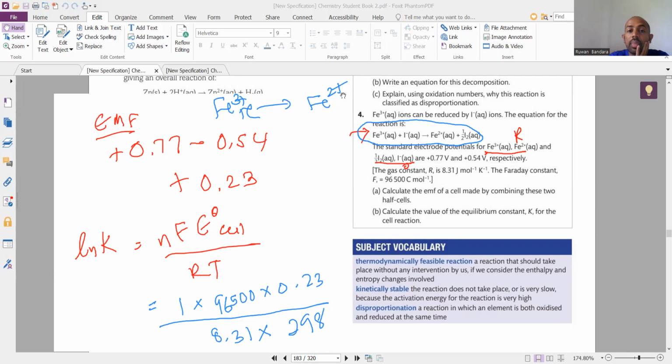What is the question? Part B. Calculate the value of the equilibrium constant.